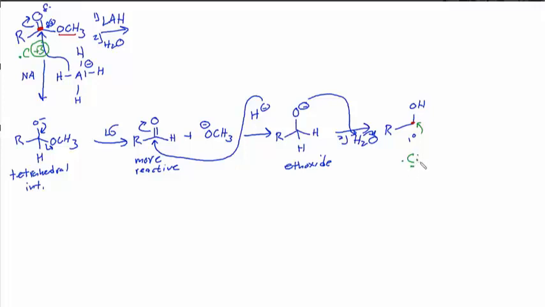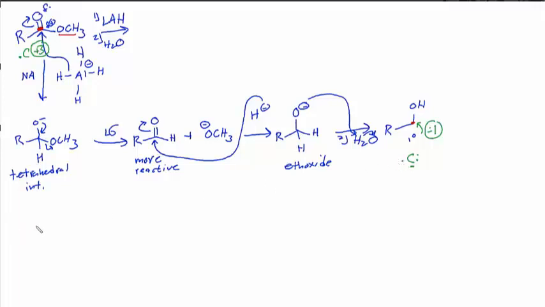Now it has 5. We've gone to a -1 oxidation state. And you can see that we've decreased our oxidation state by 4. Each hydride results in a decrease of the oxidation state number by 2 units. And so we've essentially done a double reduction in this case.